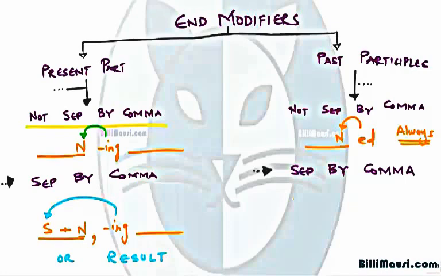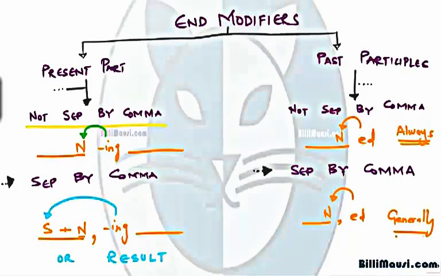Okay, the ones separated by comma, they also refer back to the previous noun, preceding noun, but in this case it is generally so. There is one exception attached to it, which I'll be discussing in the modifiers chapter.